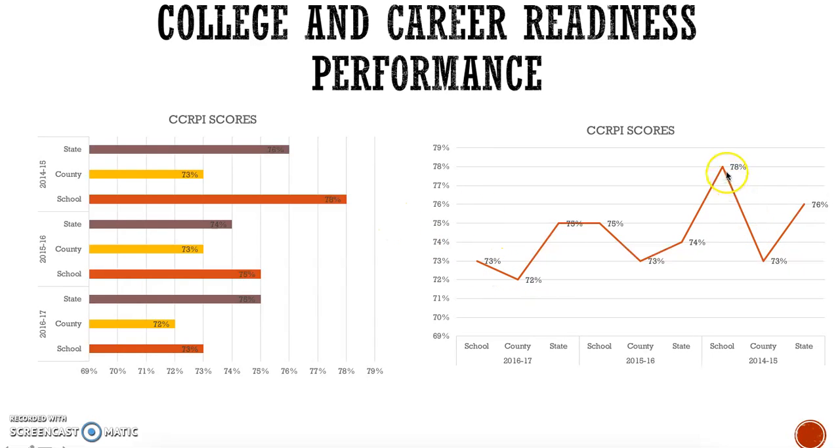And this slight dip could be because of the new state testing, when the state switched from CRCT to Georgia Milestone. The school also had a new administrator beginning in 2014 to 2015, so this could be why we see this big dip in scores. Also, the school began a new guided reading and writing program.